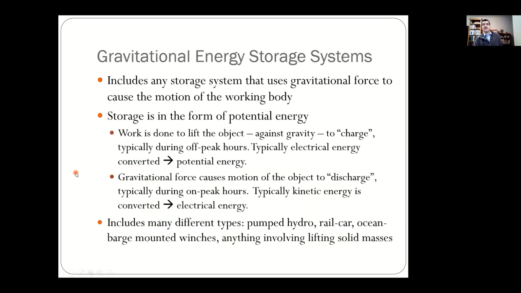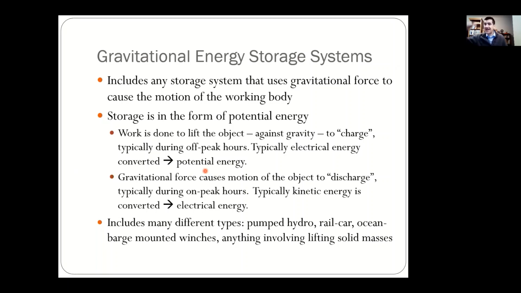All right, gravitational energy storage: any system that uses gravitational force to cause the motion of the working body, which we can then convert into electricity. So storage is in the form of potential energy. To charge the system, we're doing work against gravity, converting electrical energy into mechanical potential energy.